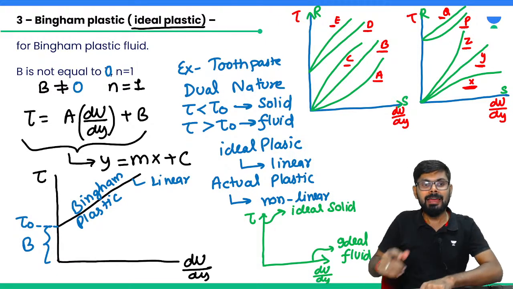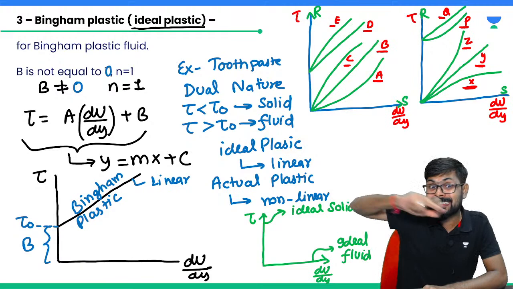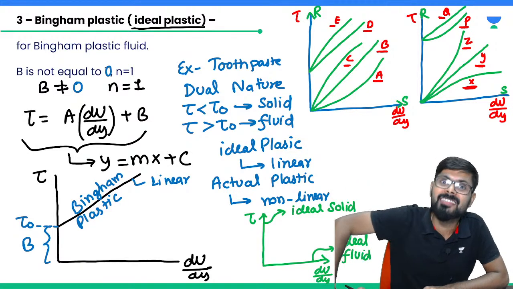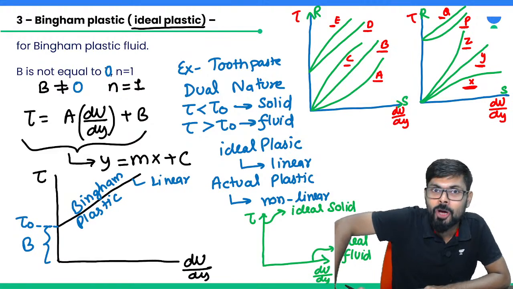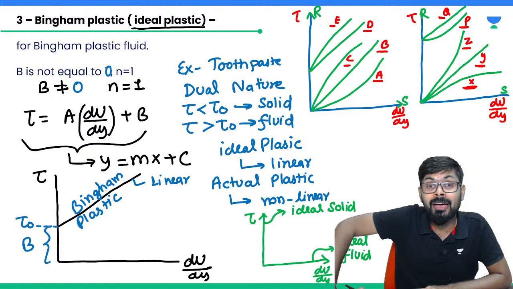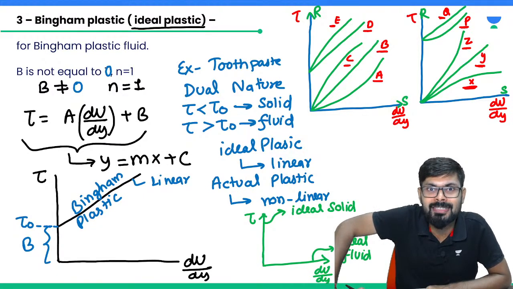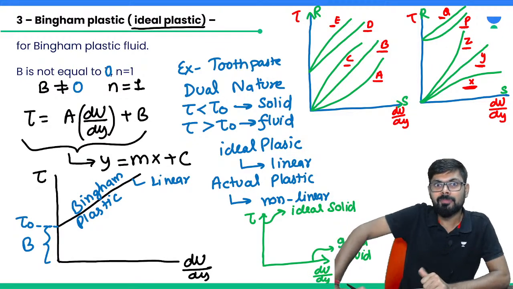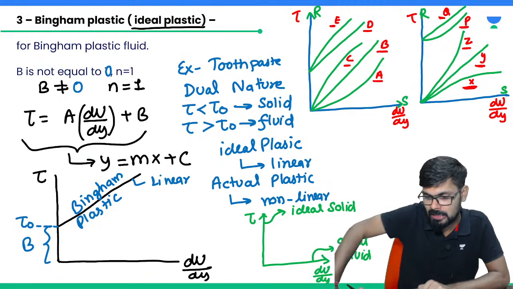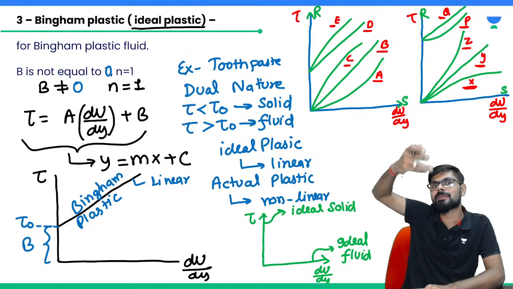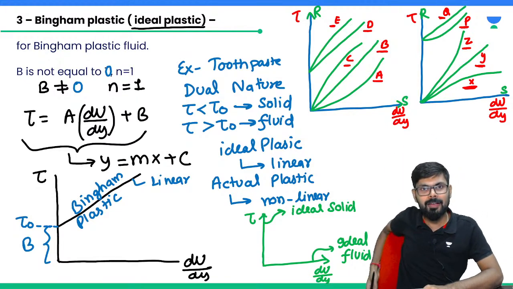See, for the x-axis, the horizontal axis, what is the slope? Slope is 0, and slope is representing viscosity. Zero slope means zero viscosity basically. So this horizontal line is representing zero viscosity, means ideal fluid. Ideal fluid has zero viscosity.